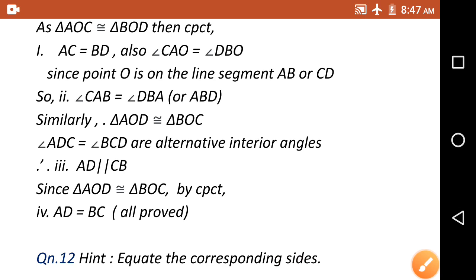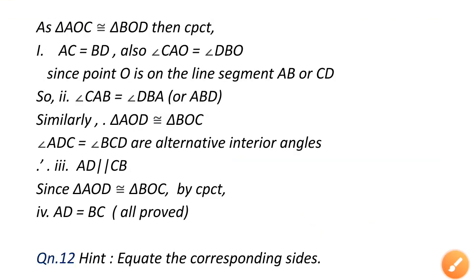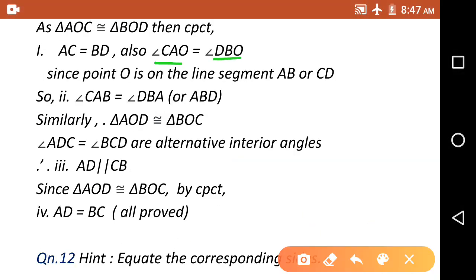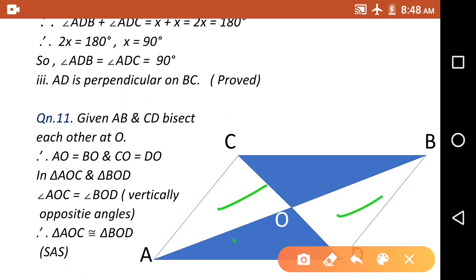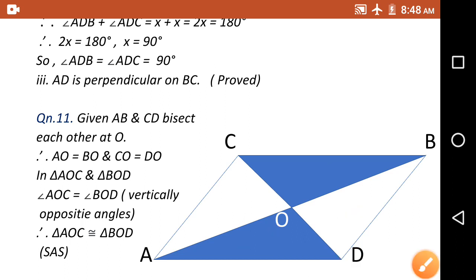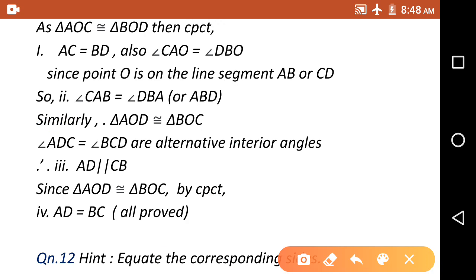Like the same way these two things are proved, then from those we got these. You have to proceed in the same way that we proceeded for the two white triangles, and here you will get ADC is equal to BCD.